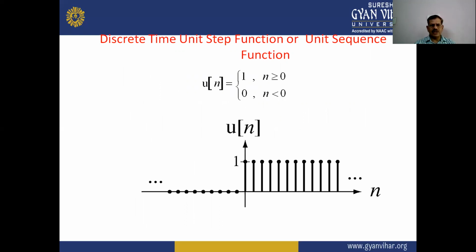So u[n] equal to 1 when n is greater than or equal to 0, otherwise it is 0 when n is less than 0. The discrete time unit step function can be represented by this graphical representation between u[n] versus n.